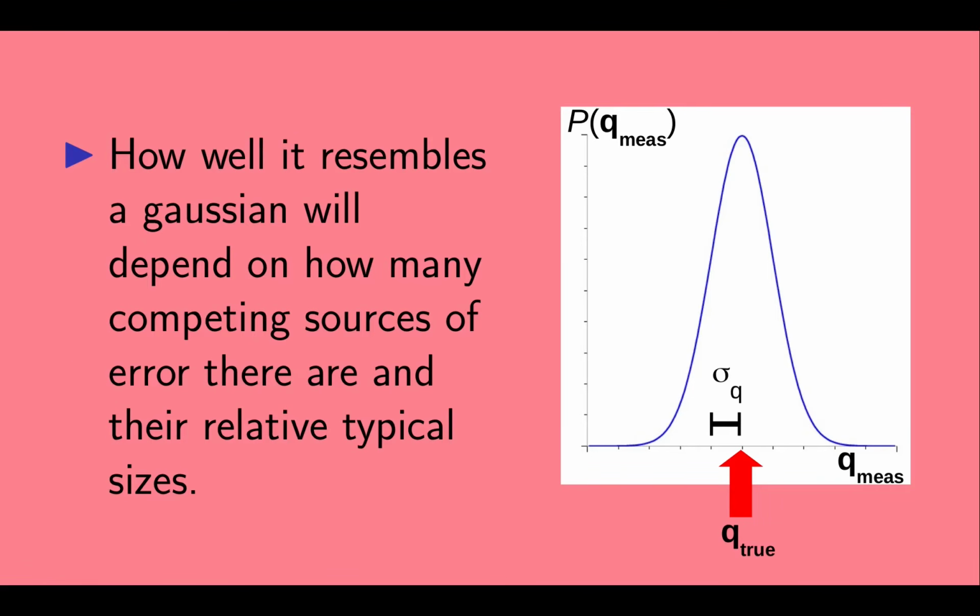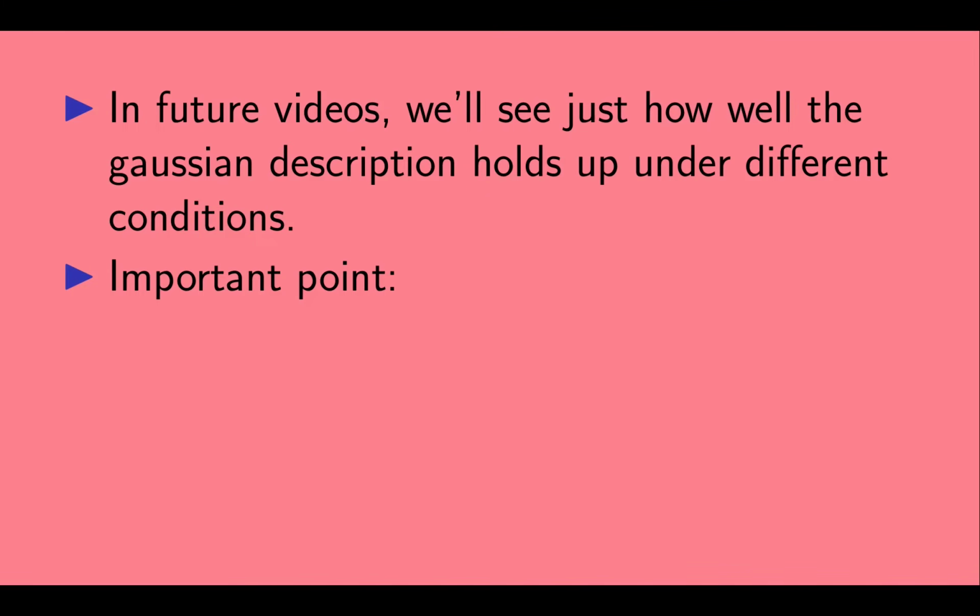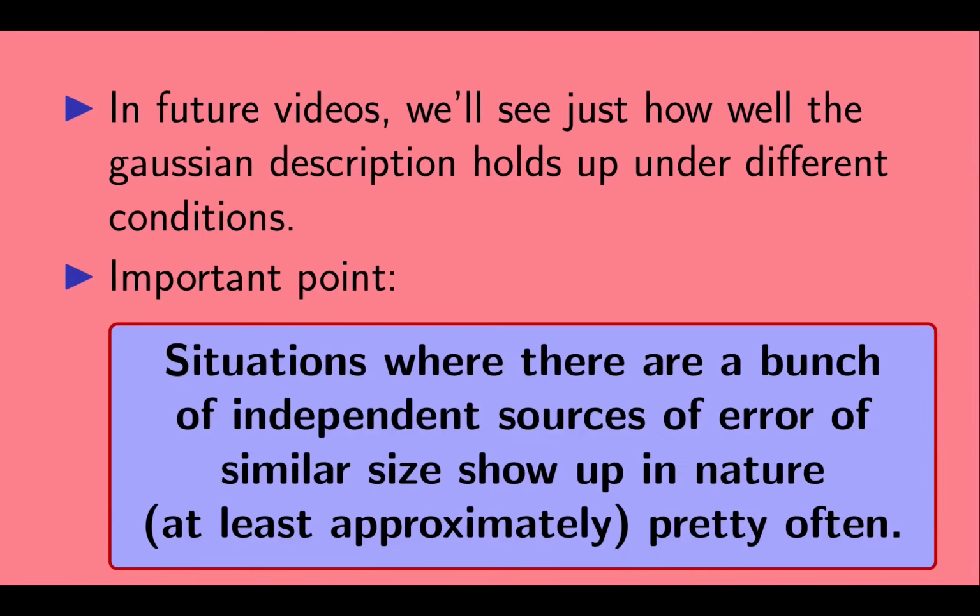How well it resembles a Gaussian distribution will depend on how many competing sources of error there are and their relative typical sizes. In future videos, we'll see just how well the Gaussian description holds up under different conditions. But here's an important point.